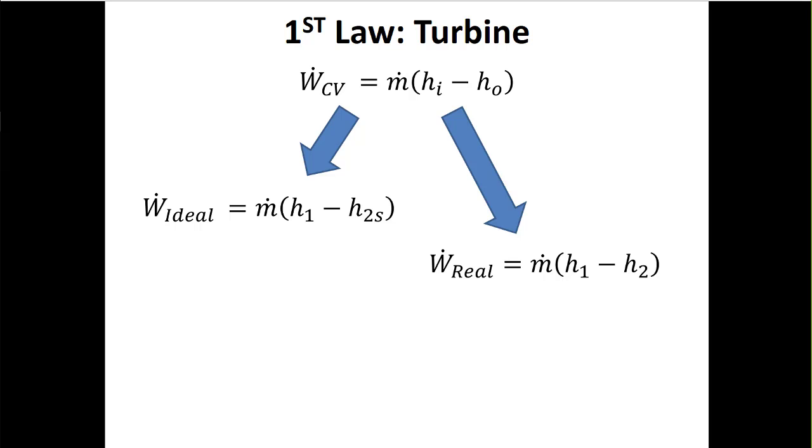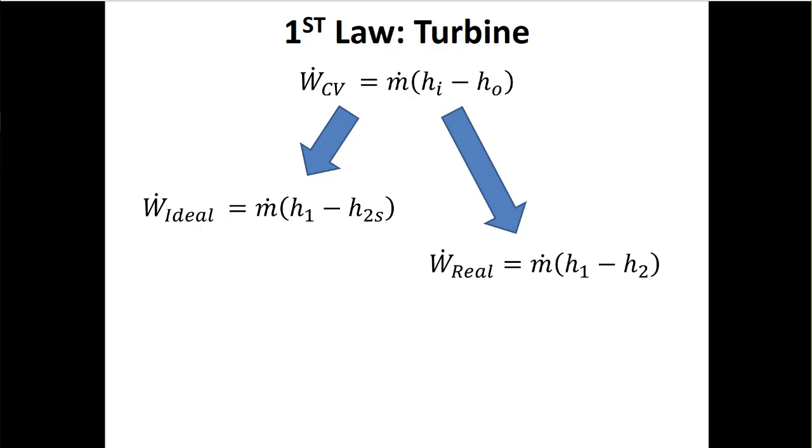So if we were in a room, I'd ask for a show of hands. So instead, I'll probably just give you the answer, right? But the ideal turbine, if you're going through the same two different pressures, is going to produce more power, right? Because in the real turbine, right, there's friction in the bearings, for example, right? Because you're making this spinning shaft, and that shaft is spinning on bearings. So some of that power that, if there was no friction, would go into sort of the torque on that shaft, some of that power gets robbed, gets consumed by the friction in the system.